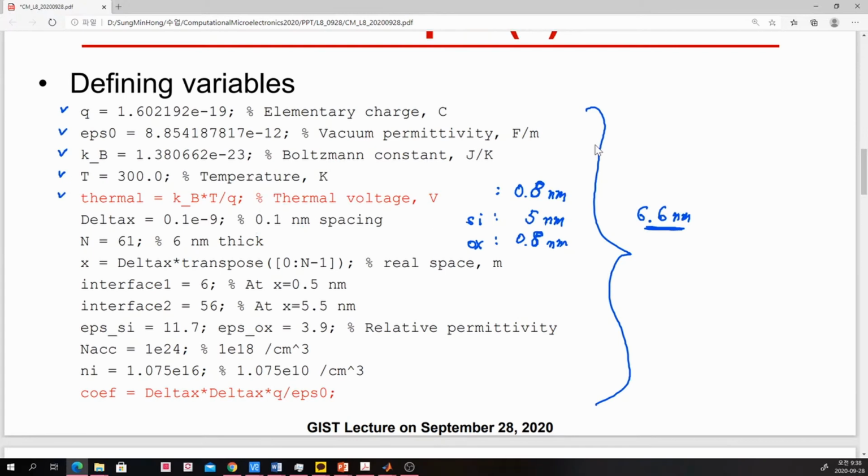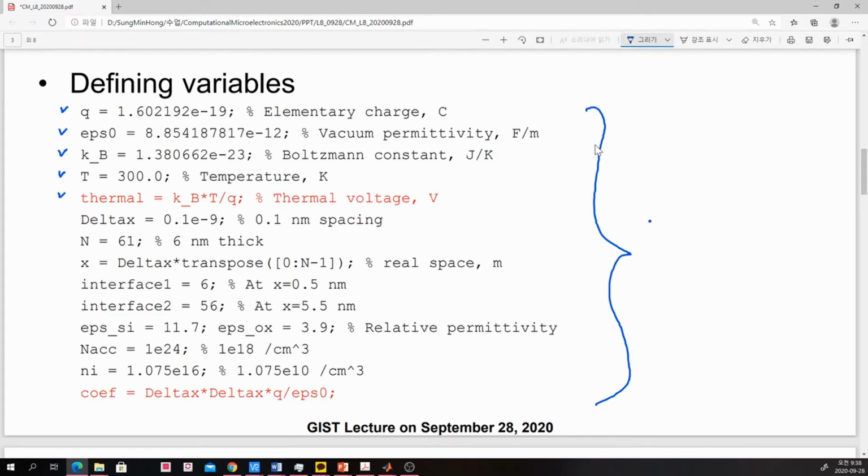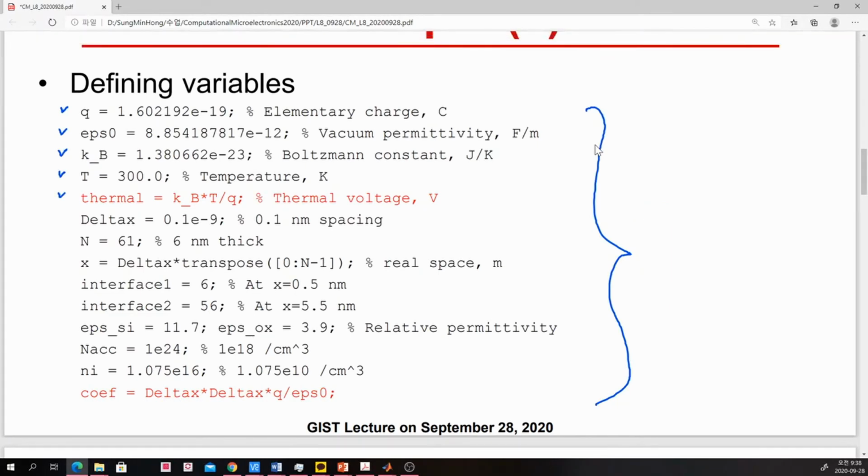And that is just a trivial thing. Then we can also define the position x. The first interface occurs at the 6th position and the 56th position. You can easily change it to different values.